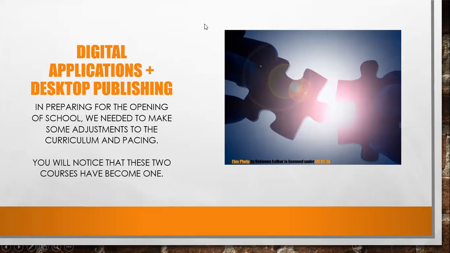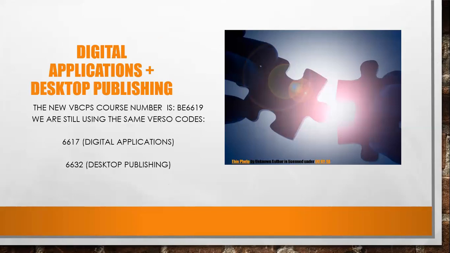Here we go. So for this school year, we have shifted to a 4x4 learning schedule, which means that courses that were semester courses have now become 9-week courses, and year-long courses have become semester courses. And so they have taken these two classes this year, the digital applications and the desktop publishing, and they have put them together as a single course.